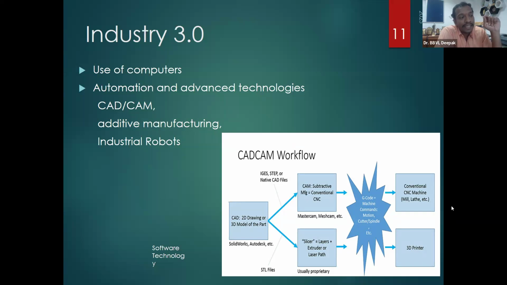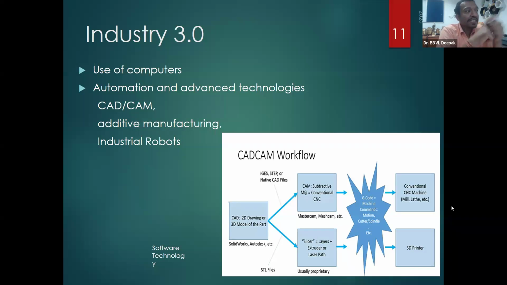Then we send this virtual model to the machine by generating G code and M code with the support of a computer aided manufacturing tool. Thereby the CNC will be automatically operated and it gives us the geometry of the part exactly what the user needs.